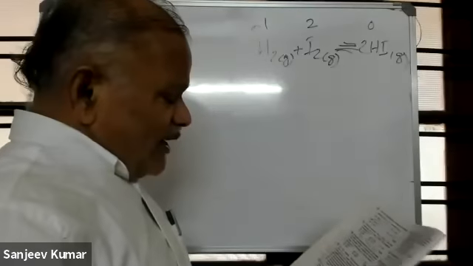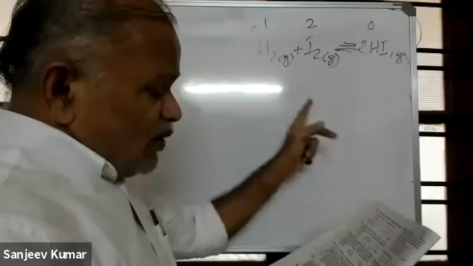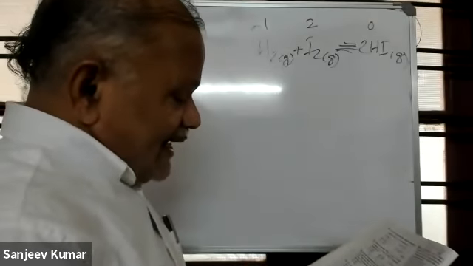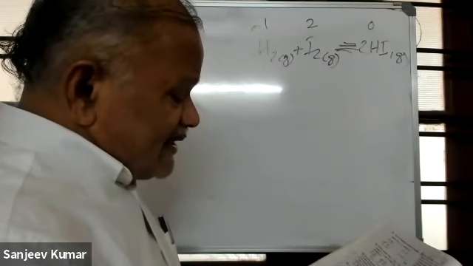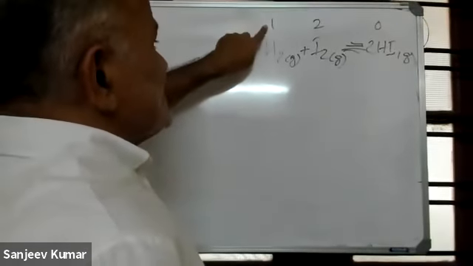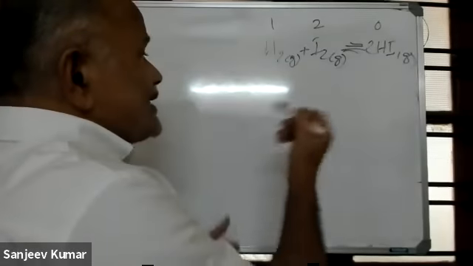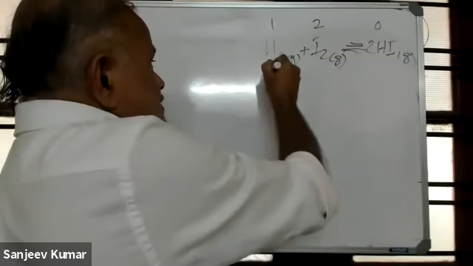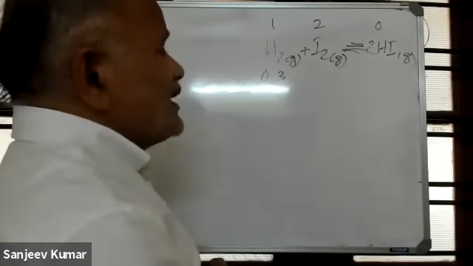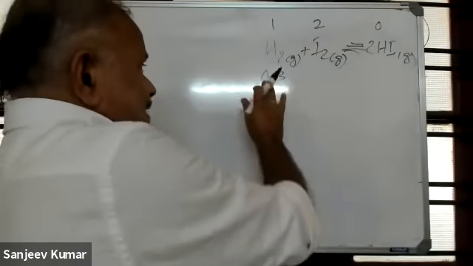And we know that 1 mole of hydrogen will react with 1 mole of iodine to give 2 moles of hydrogen iodide. If the number of moles of hydrogen at equilibrium is 0.3, that means out of 1 mole initially taken, the equilibrium concentration of hydrogen is 0.3, so 0.7 mole of hydrogen has reacted.